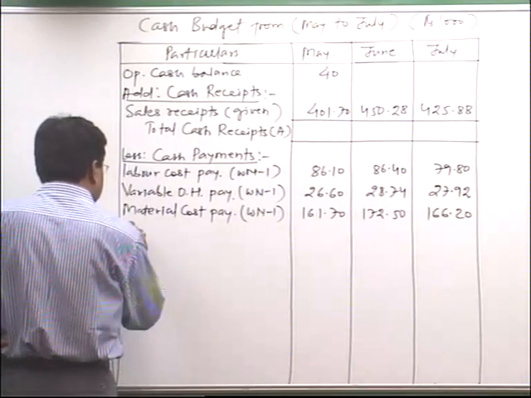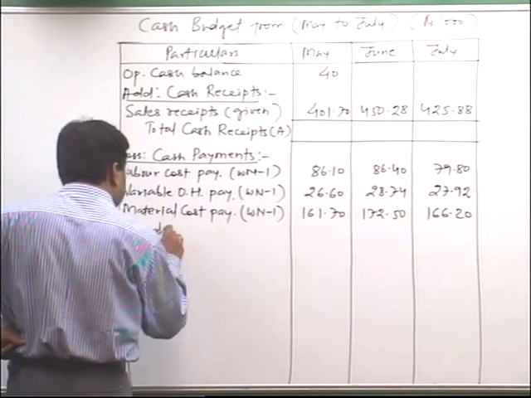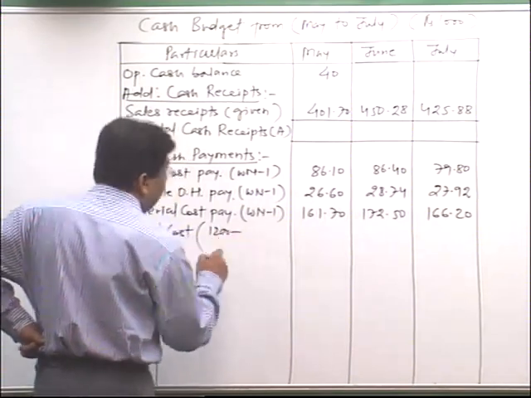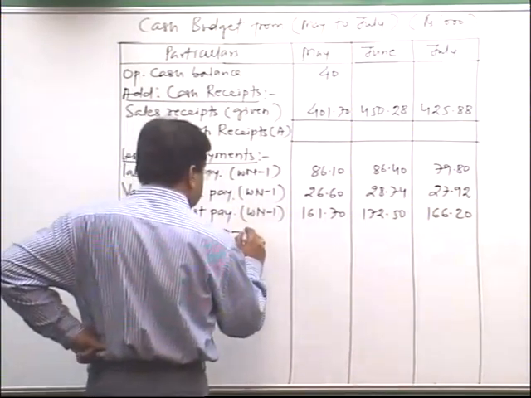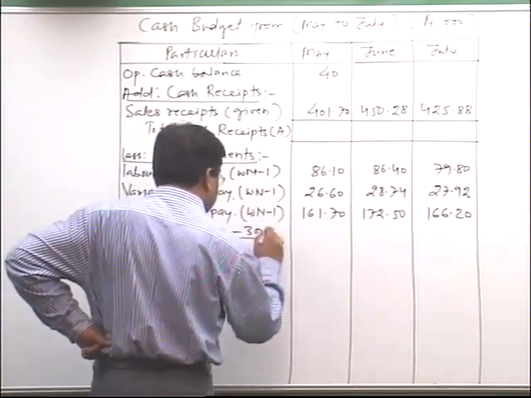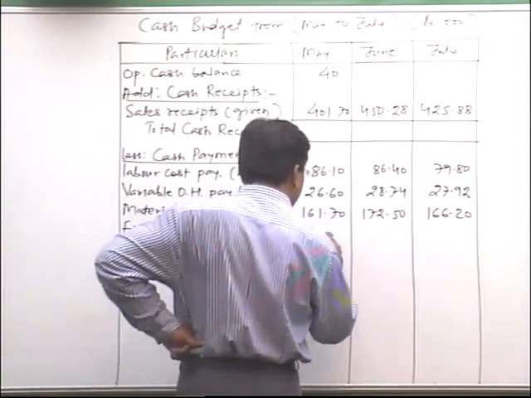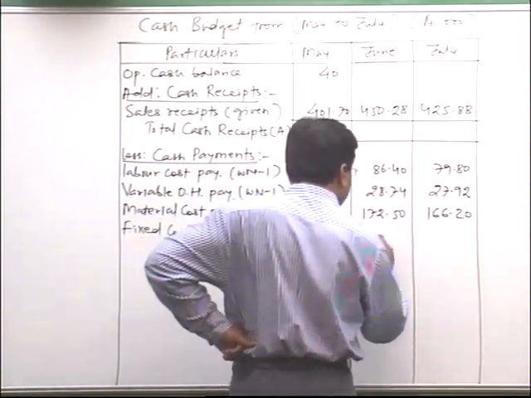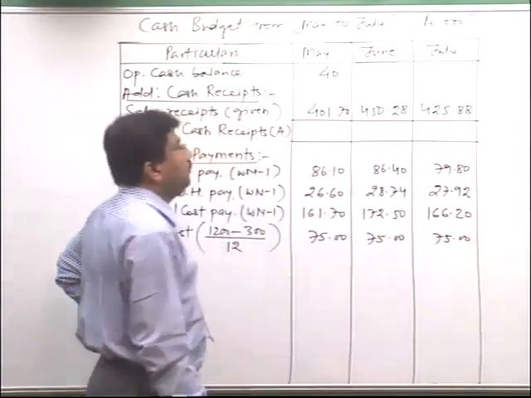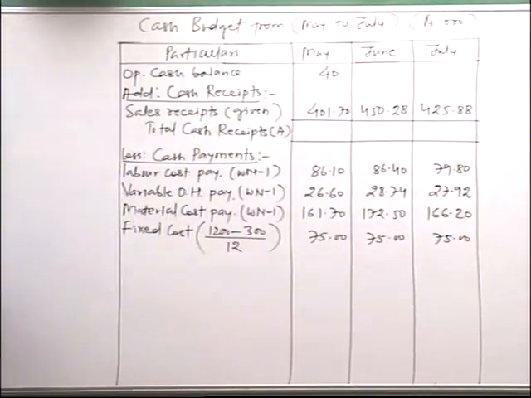That is 1200 minus 300, divided by 12, so it is 75,000 per month. Please write 75, because we are writing rupees in thousand.